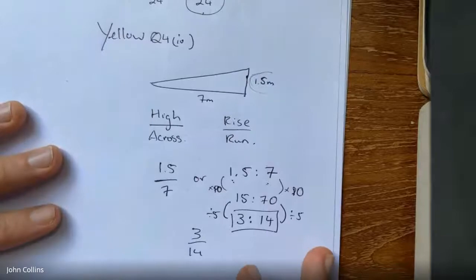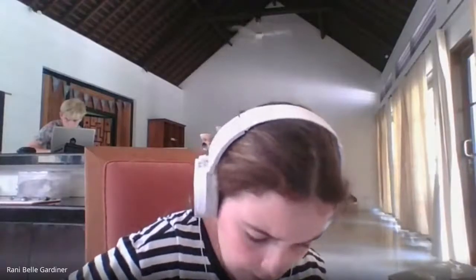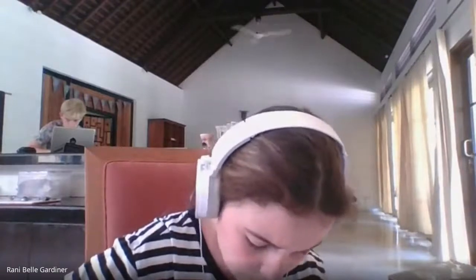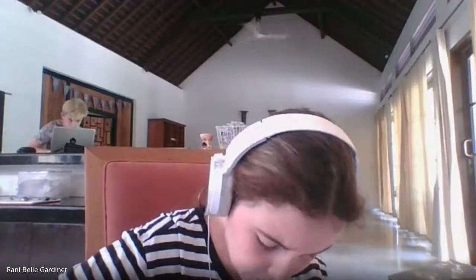Yes, Rani? I had a question for question 5 on the ratio of amounts for yellow, the 60% blue metal making concrete. Do we have to put our answer as a decimal, or do we have to round it to a whole number?